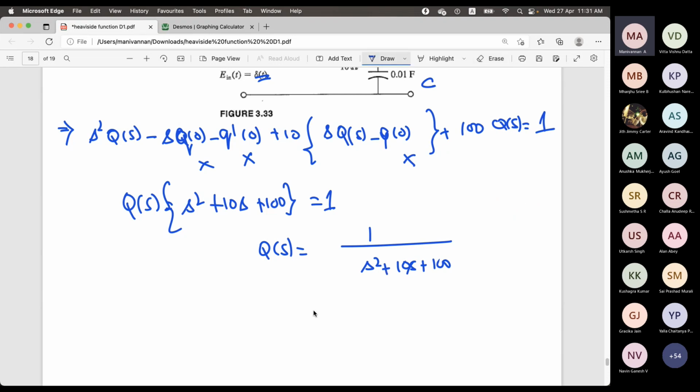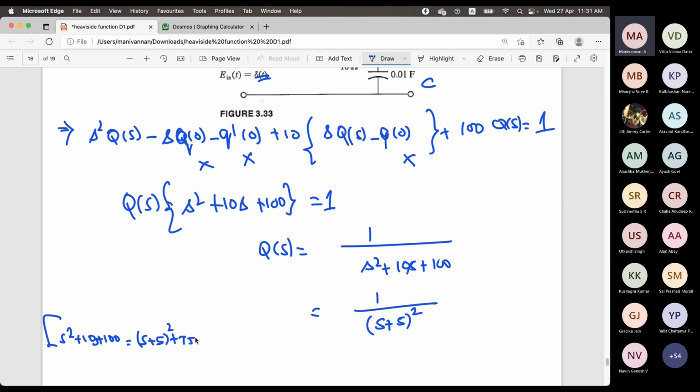Then this can be written as 1 divided by s plus 5 whole square, suppose I am writing. Okay. S plus 5 whole square means s square plus 10s plus 25.